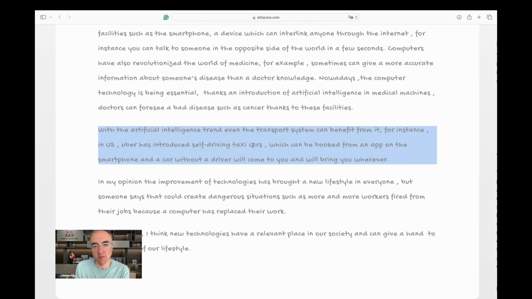You can say taxi or cabs, which can be booked from an app on smartphones, and a car without a driver. Okay, there are too many. And a car without a driver will come to you and will bring you wherever and will take you anywhere you want. Not wherever. Wherever is not a good word choice here.